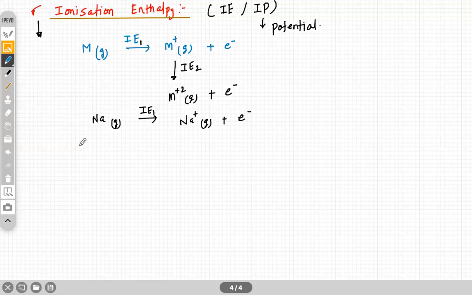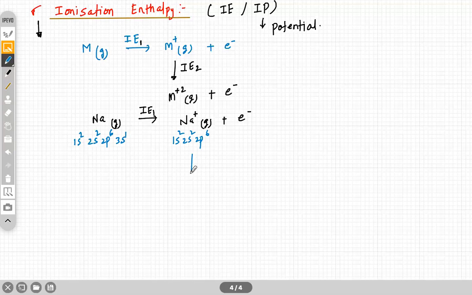The configuration of sodium is 1s2, 2s2, 2p6, and 3s1. So IE1 means you are removing this particular electron. For Na plus, the configuration is 1s2, 2s2, 2p6. Now if you want to remove an electron again, you are going to remove it from the completely filled, exceptionally stable configuration, the inert gas configuration.